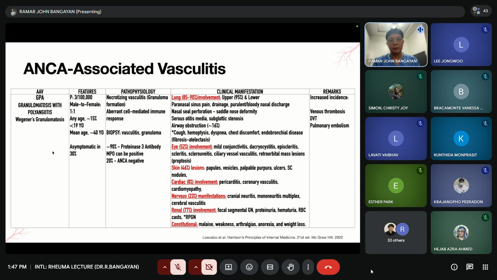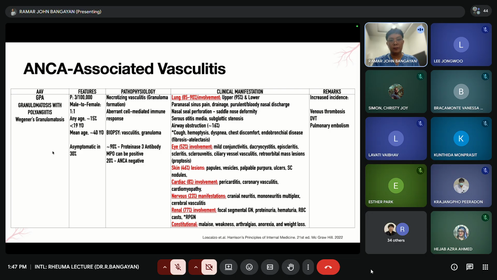Now, you diagnose by biopsy; you would see vasculitis and granuloma. When you say vasculitis, there is an inflammation of the vessel. What do you see in inflammation of the vessels? Definitely, it's infiltration of your neutrophils, right? So you call that leukocytoclastic inflammation.